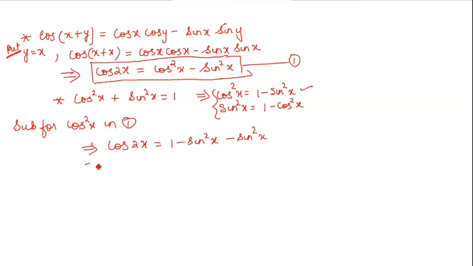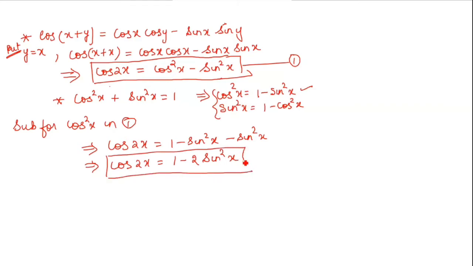So we got the next formula. So cos 2x is equal to 1 minus minus, so minus 1 is minus 2, isn't it? So 1 minus 2 sine square x. So if I ask you the formula in terms of sine, you should be in a position to tell me cos 2x is equal to 1 minus 2 sine square x. This is the second formula.